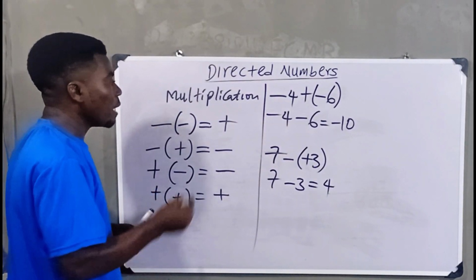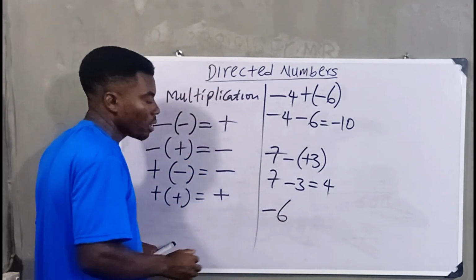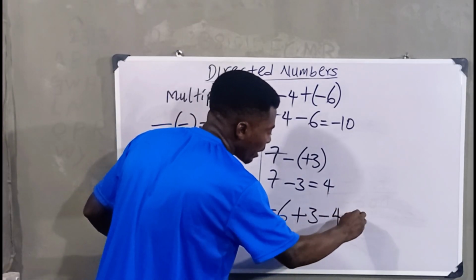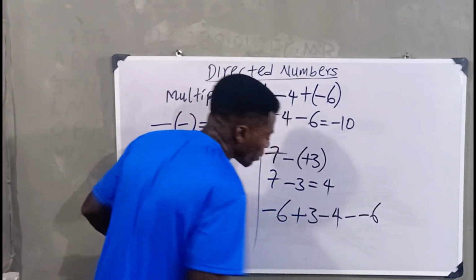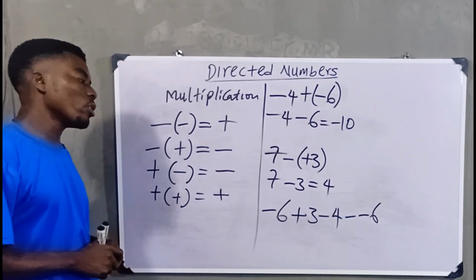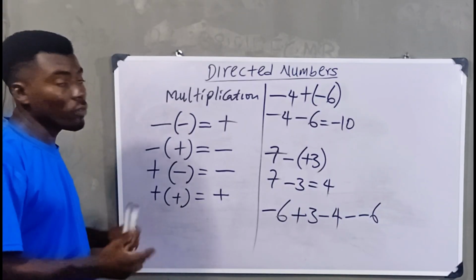And then again, let's say we have -6 plus 3 minus 4 minus 6. Looking at that question, as simple as it seems, most people might still fail it.